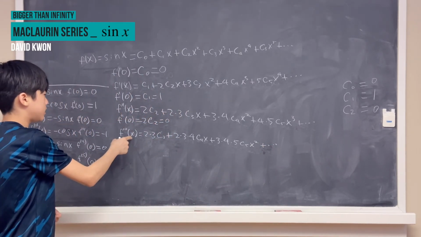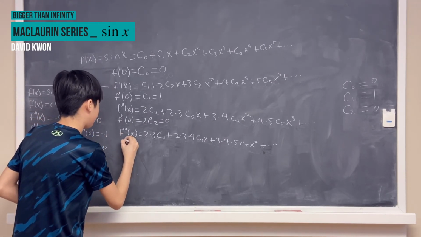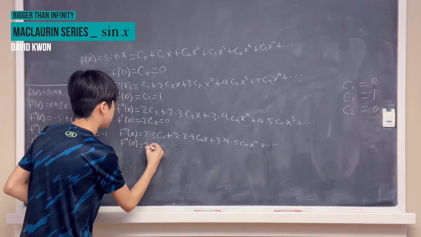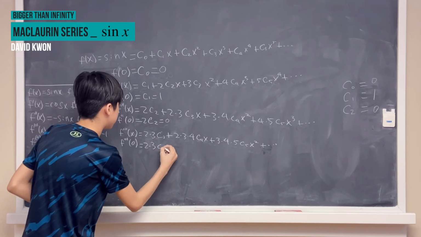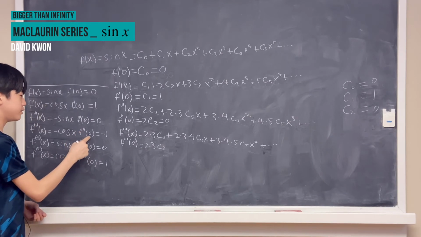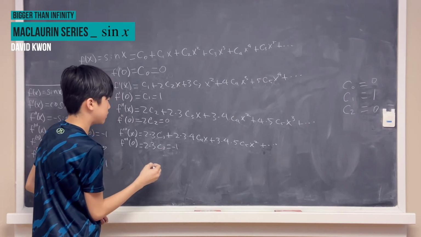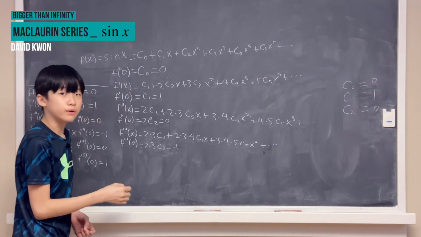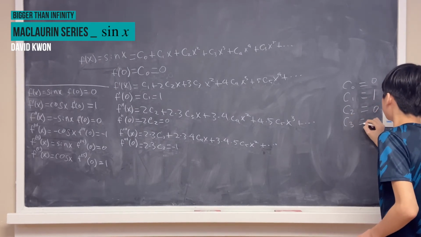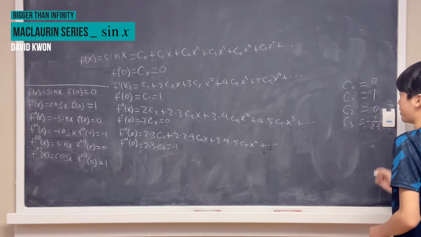Now we will set x equal to 0. So we have f triple prime 0 is equal to 2 times 3 times c sub 3. And from right here, f triple prime 0 is negative 1. So 2 times 3 times c sub 3 is equal to negative 1. So c sub 3 is equal to negative 1 over 2 times 3.